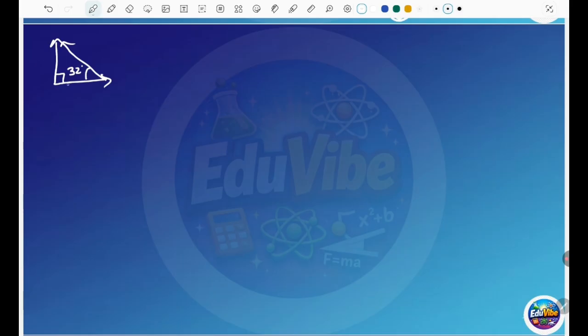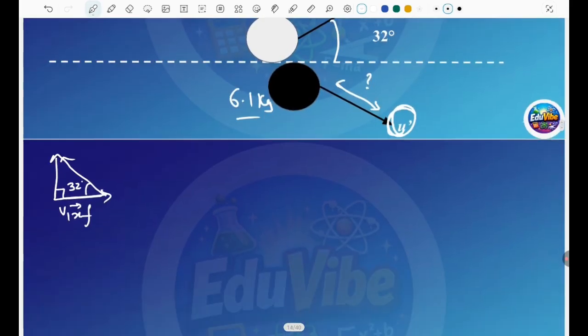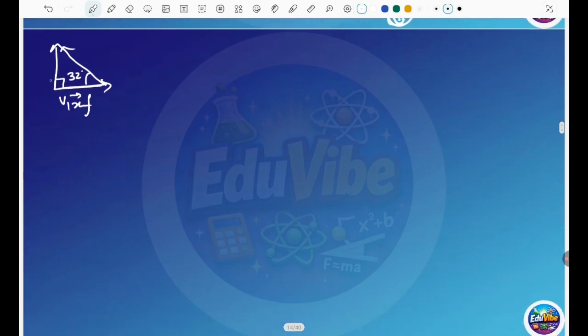East is the x-axis, so we take v1x final. Why final? Because after the collision this is the final velocity, so we take the final velocity every time in this question. North is the y-axis, so it's v1y final.